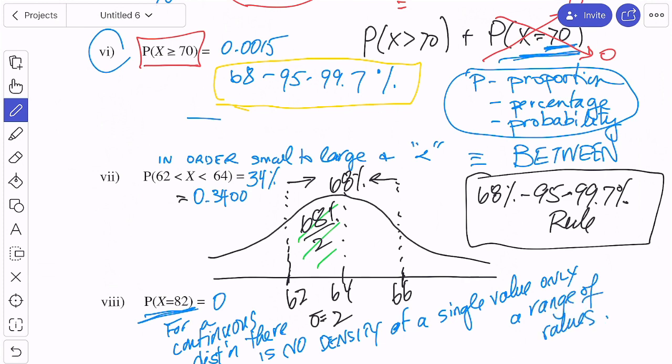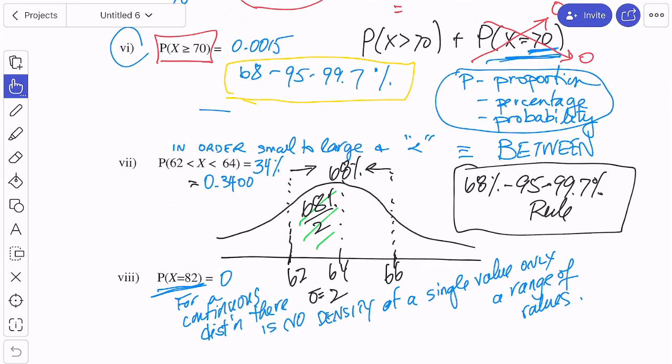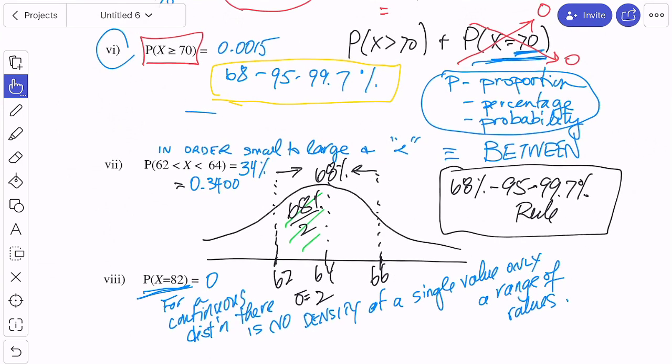Only for a range of values. Okay, take a screenshot if you need to. I'm going to move on.